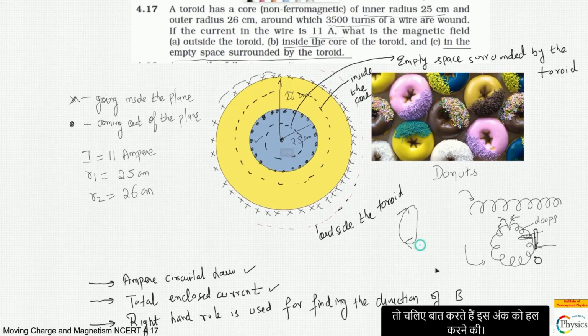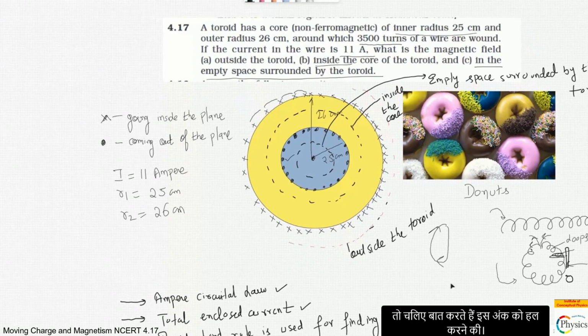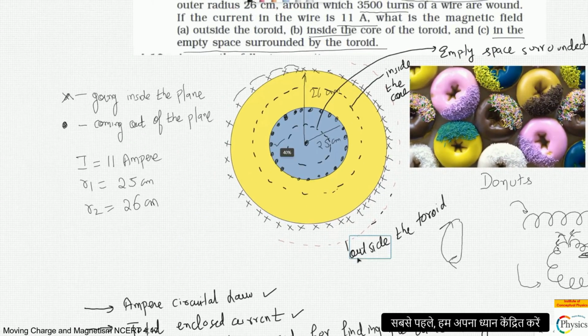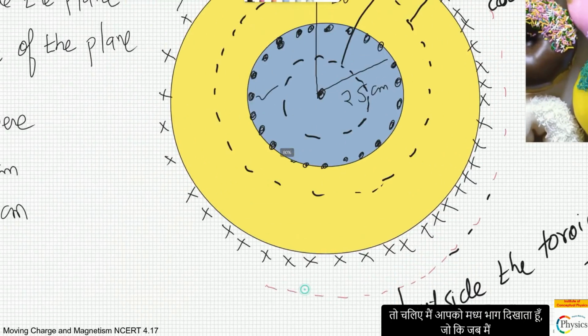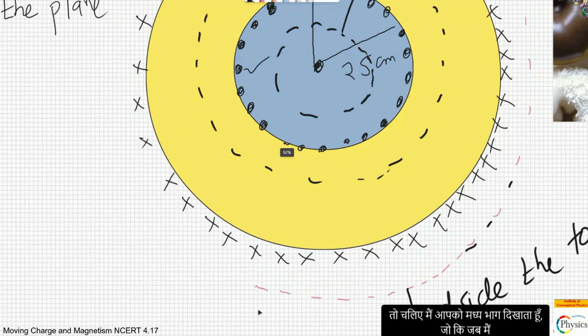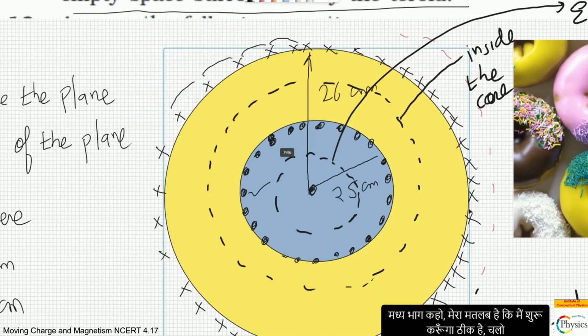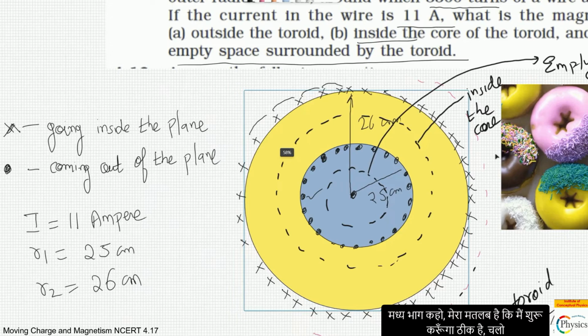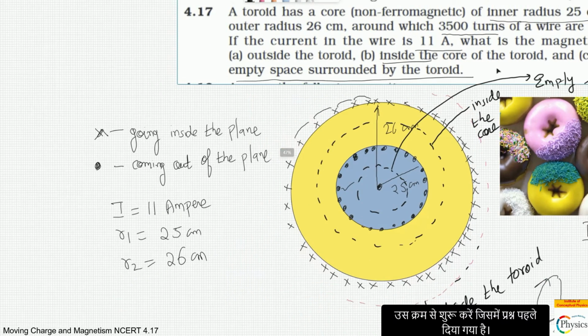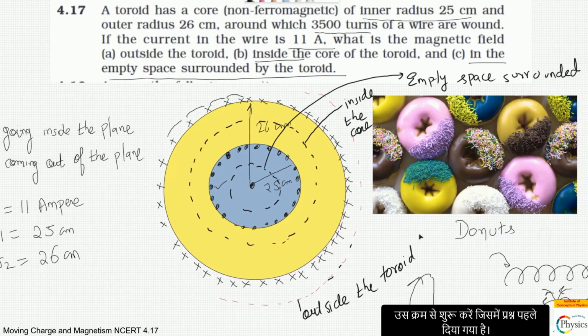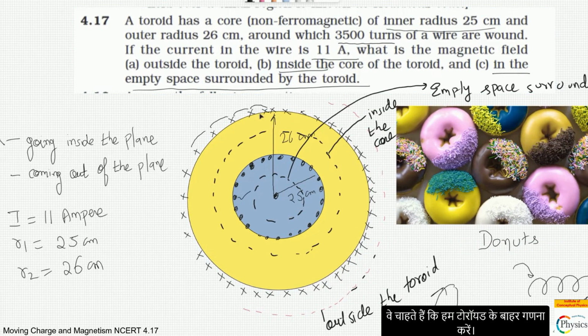All right, so let's talk about solving this numerical. First, let us focus our attention on the middle part of it. Let's start from the sequence which is given in the question. First, they want us to calculate outside the toroid.